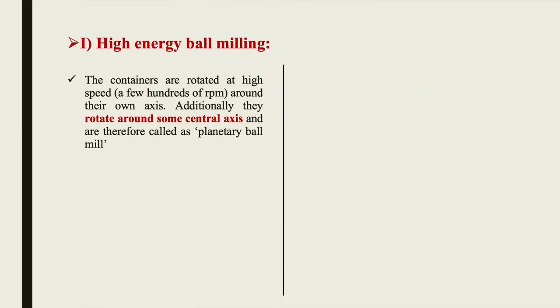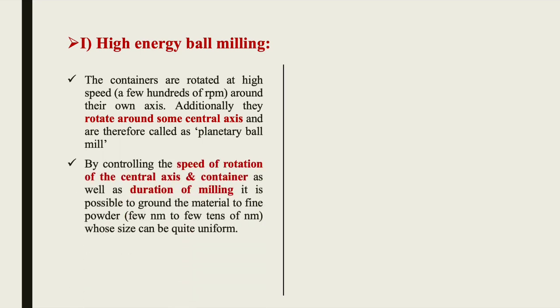The containers are rotated at high speed, a few hundred RPM around their own axis. Additionally, they rotate around some central axis, and therefore we call it a planetary ball mill. Now we will see the figure of the ball milling, then you can understand better.